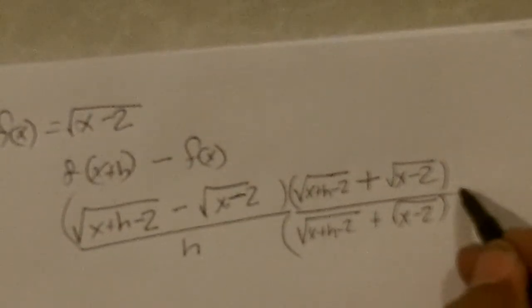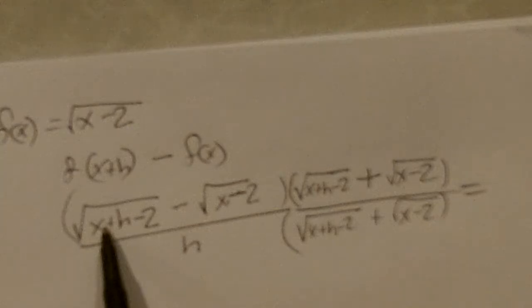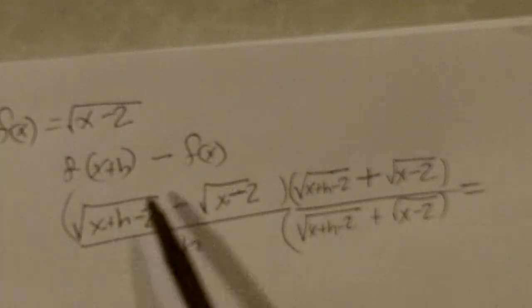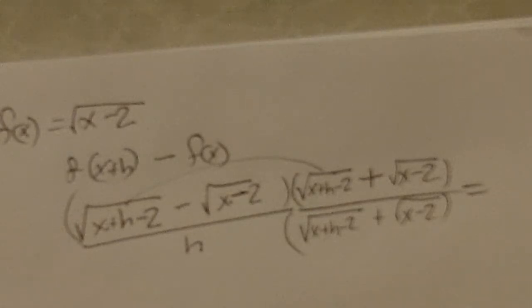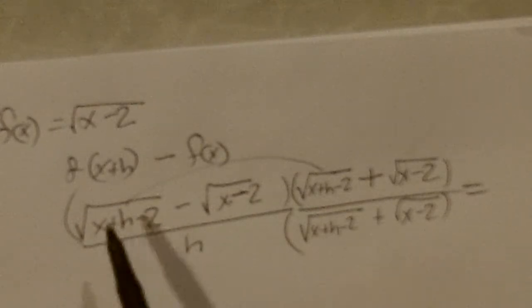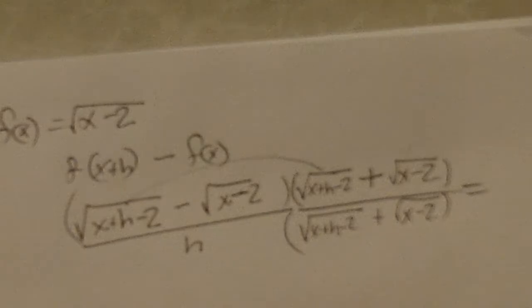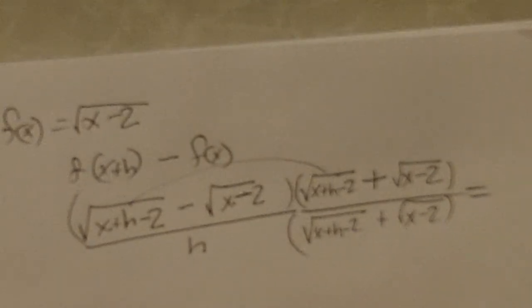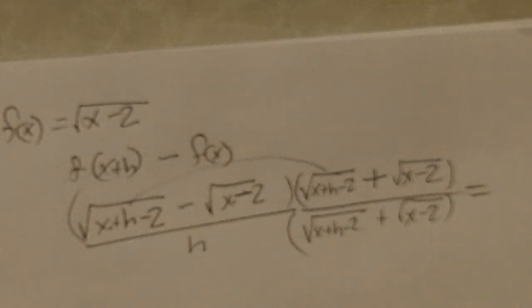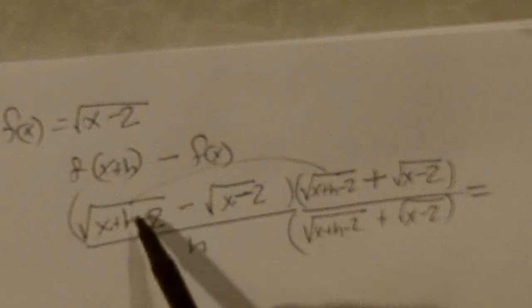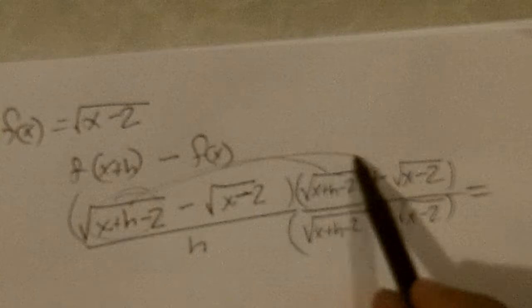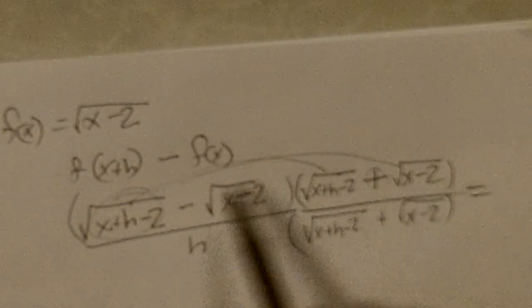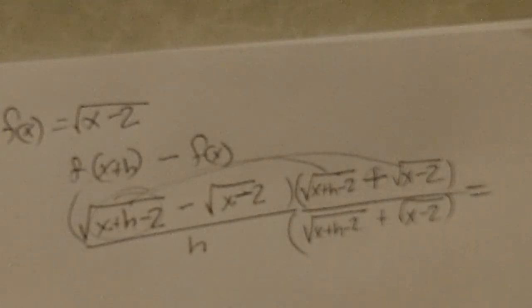And what happens? Square root of x plus h minus 2 times the square root of x plus h minus 2. It's going to square it, which is going to get rid of the square root, so we'll have x plus h minus 2. I'm not going to write this one because it's going to cancel. This times this is going to be plus those two things multiplied.